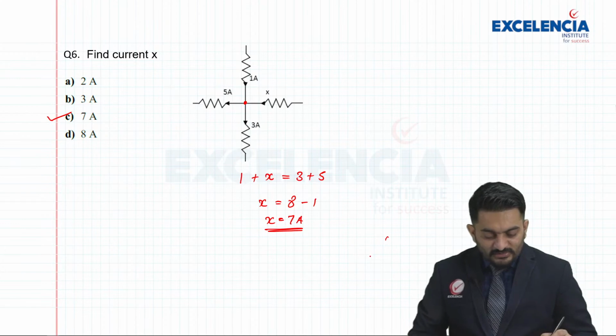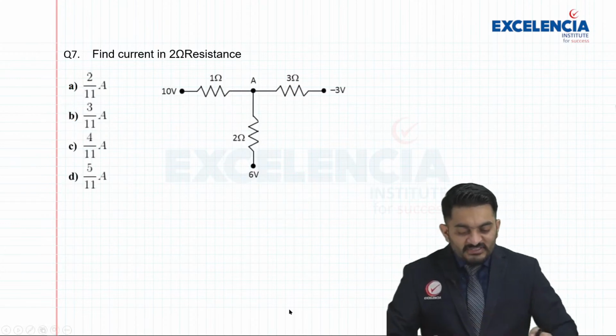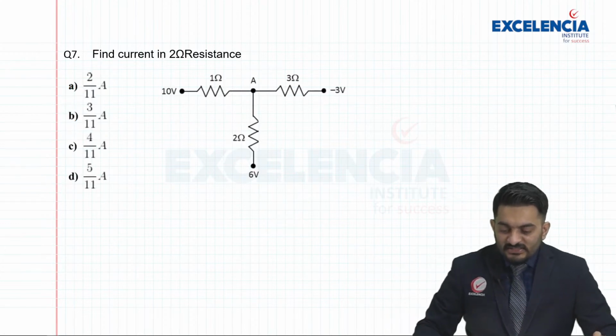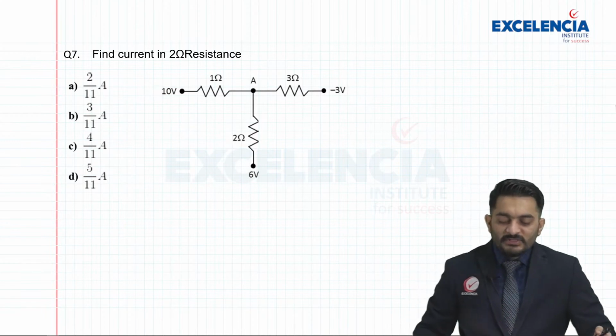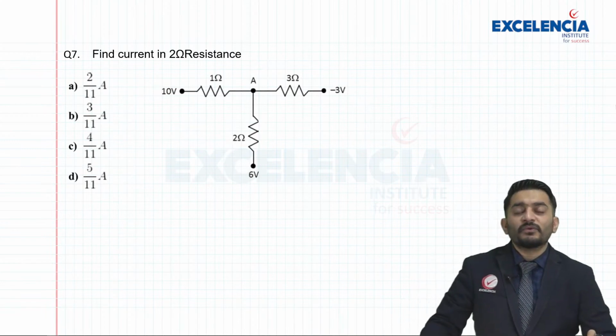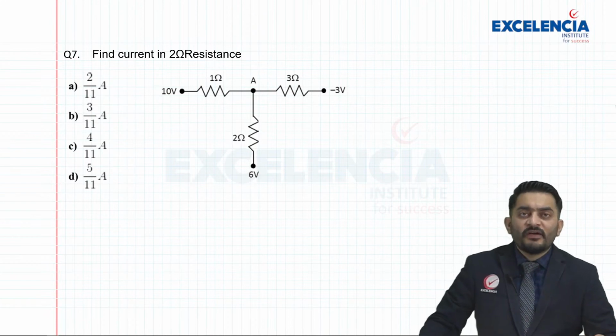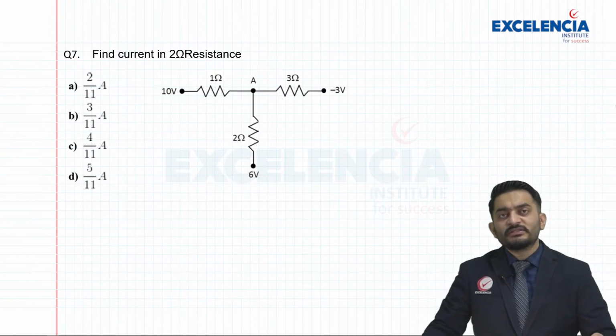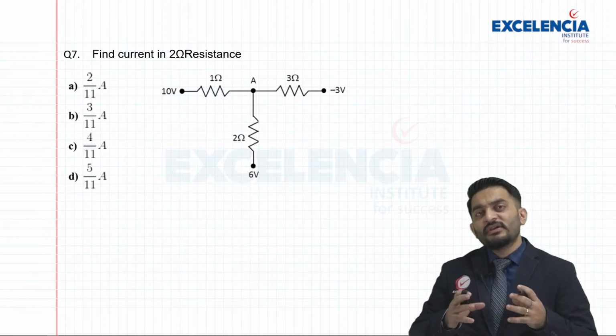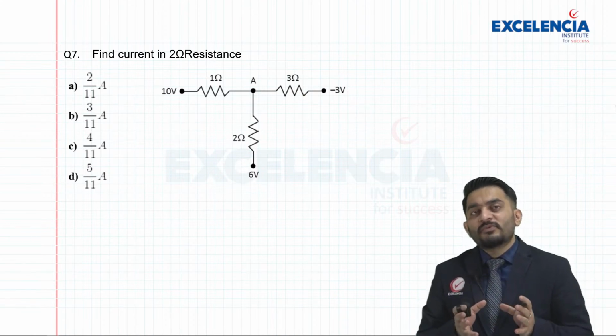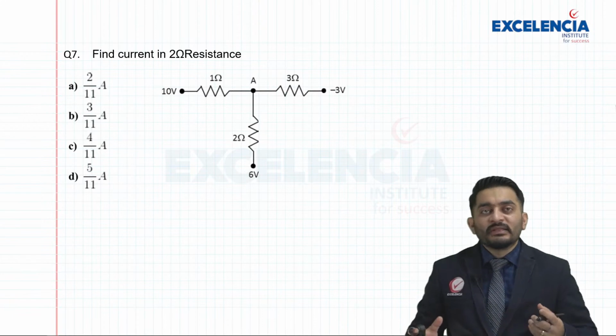Let's move on to the next question. Question number 7 says find the current in the 2 ohm resistance. The aim is to calculate the current through the 2 ohm resistance. Definitely Kirchhoff can be used, but for entrance exams we usually don't apply Kirchhoff in such questions because it's a long method.